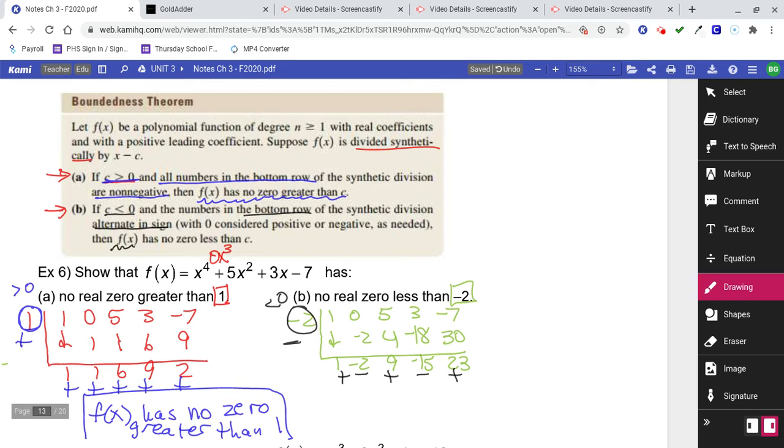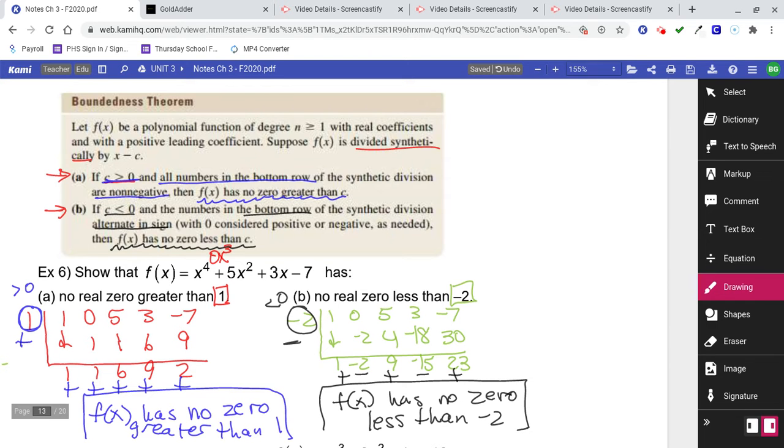Then here's your conclusion. F of x has no 0 less than c. So we could conclude that f of x has no 0 less than negative 2. I know that's difficult to understand. Okay.